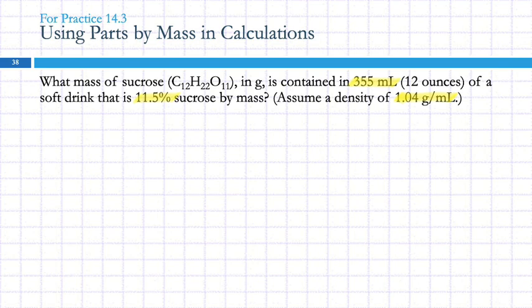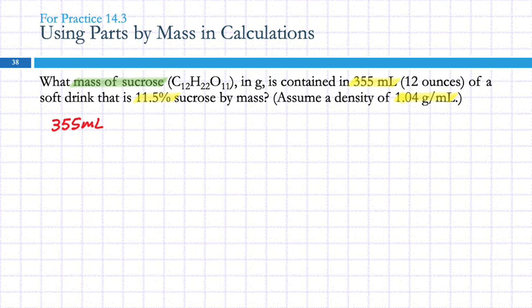The 12 ounces there is just to give you an idea of how much 355 milliliters is. 355 milliliters is like a can of soda. And what we're looking for is the mass of sucrose. So I'm going to take those numbers and write them down. So I have 355 milliliters.